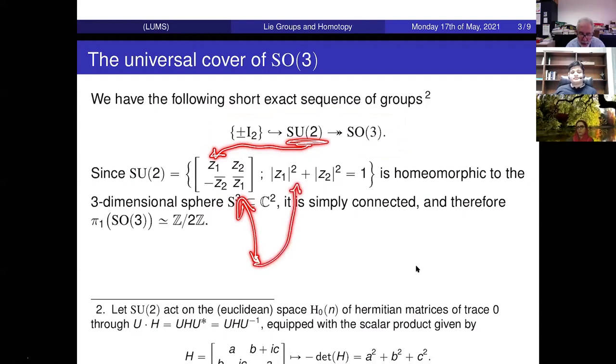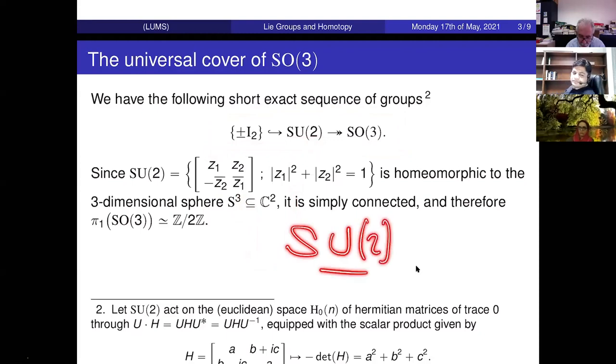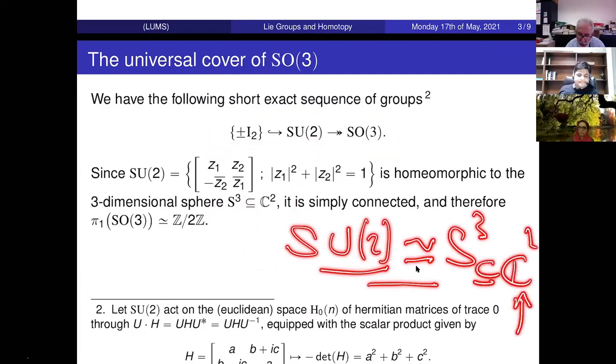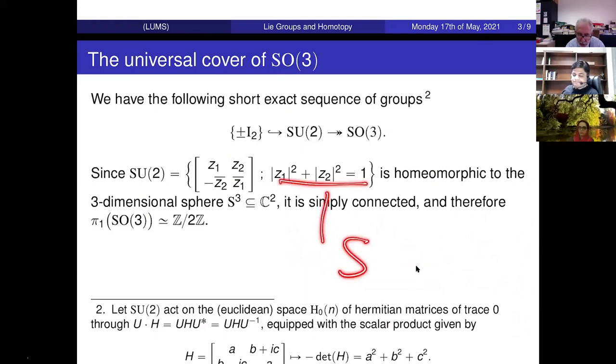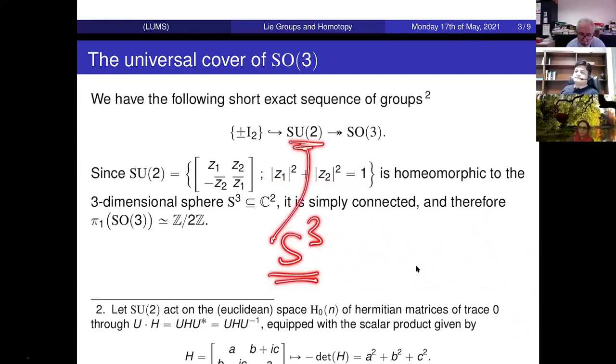This condition makes it easy to see that topologically it is the same as S3, the unit sphere inside of C2. The conditions on z1 and z2 characterize this inside of C2. So SU(2) topologically is nice. It's the three-dimensional sphere S3, and it has what we call a covering over SO(3).